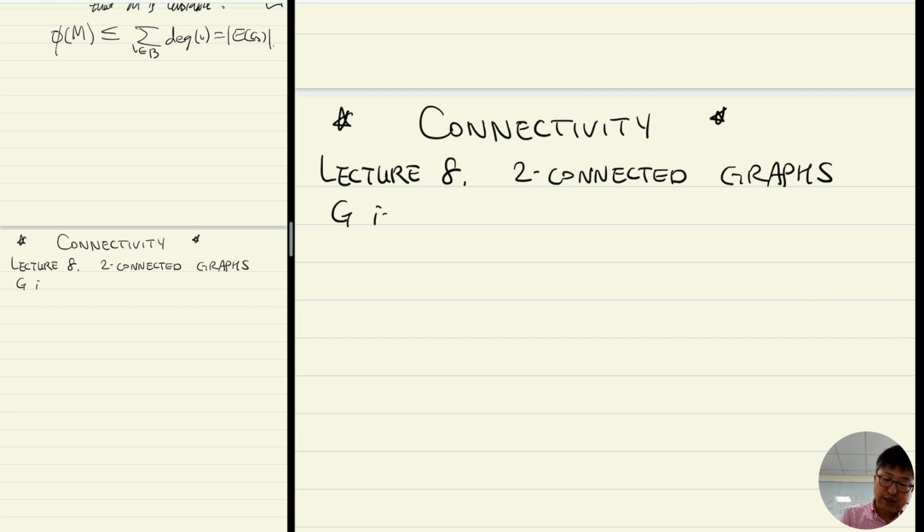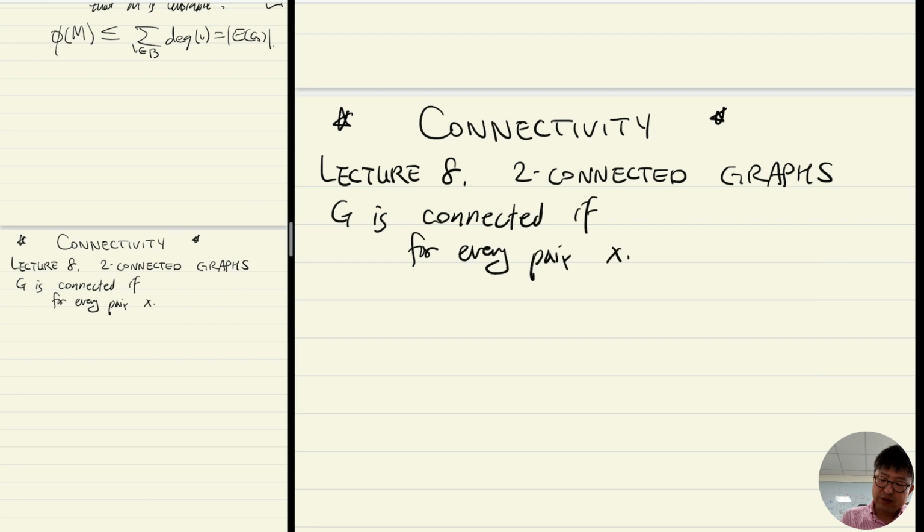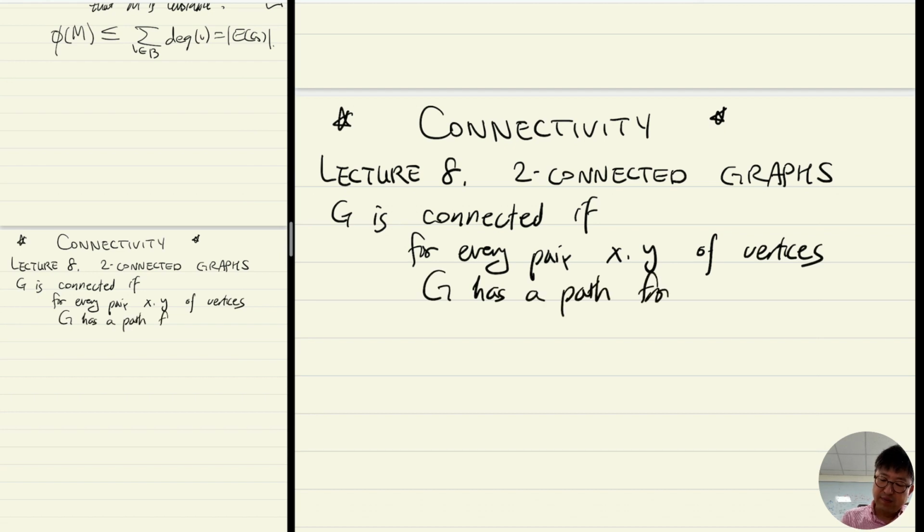So G is k-connected. Okay, let me start with connected, just to review the definition. G is connected if for every pair x, y of vertices, G has a path from x to y. Right?